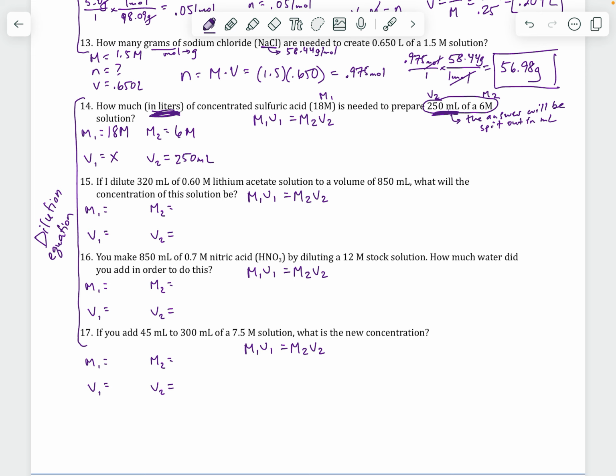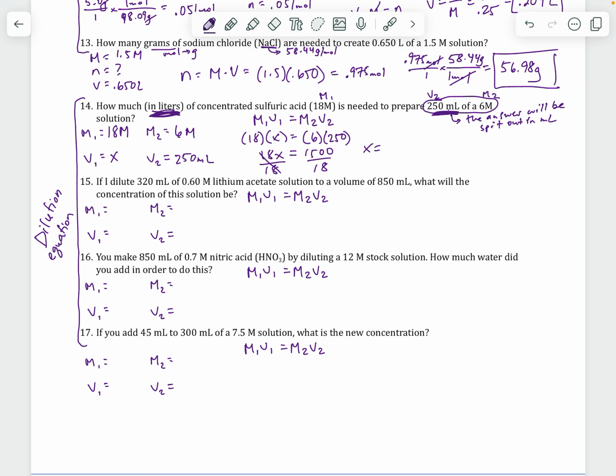And so to set this up, again, 18 times x equals 6 times 250. This is going to be 18x equals 1,500. And then we're going to divide by 18 on both sides to solve for x.